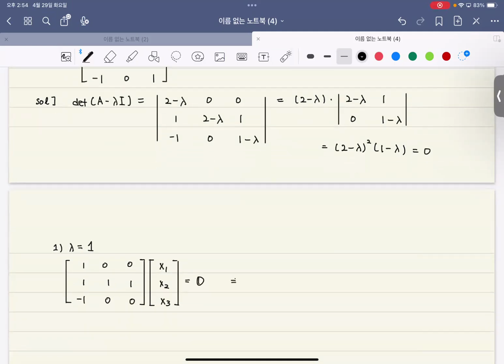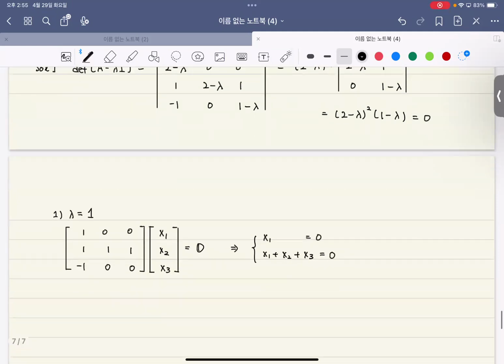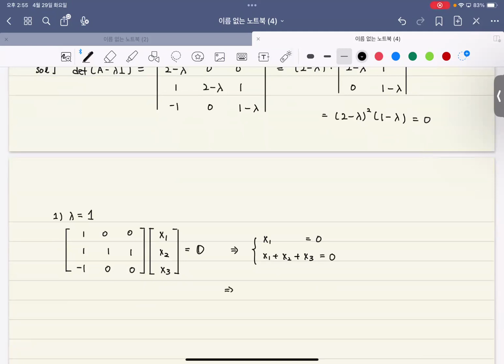So I have x1 equals 0 and x1 plus x2 plus x3 equals 0. So I have these two equations.